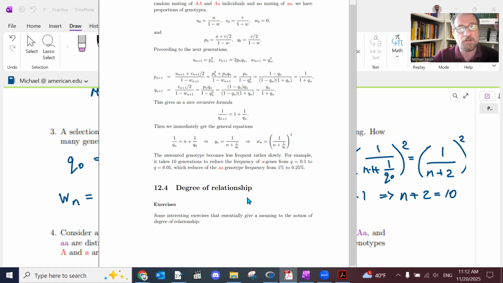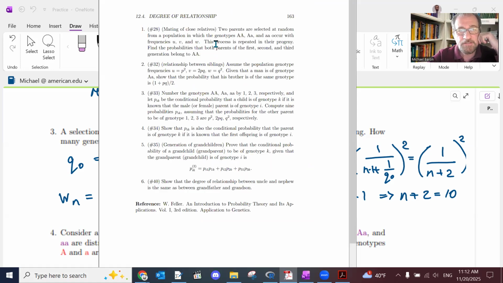Which relatives are closer in their relationships? Well, the relatives whose probability of passing genes is higher. So these exercises will shed light on how to calculate these probabilities. For example, passing genes from grandparents to grandchildren.